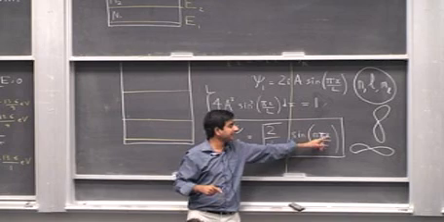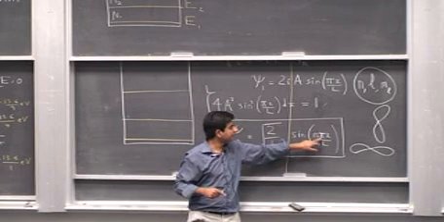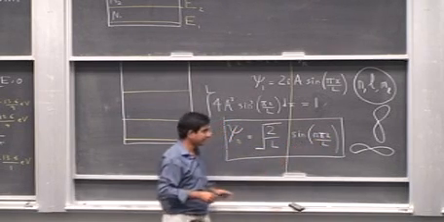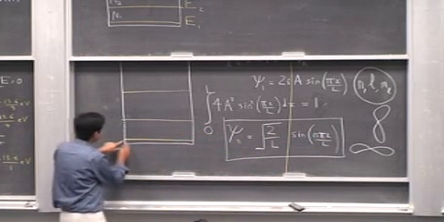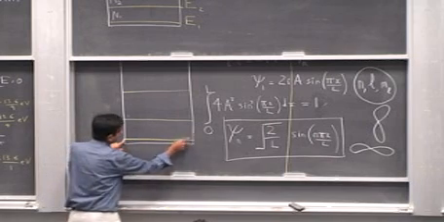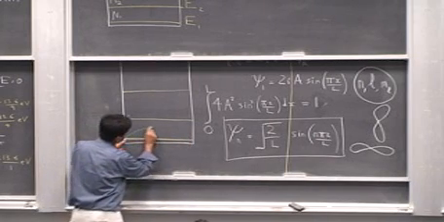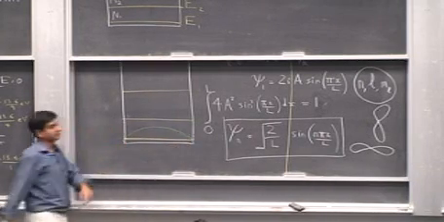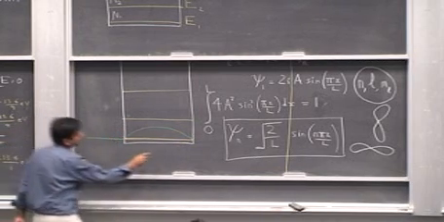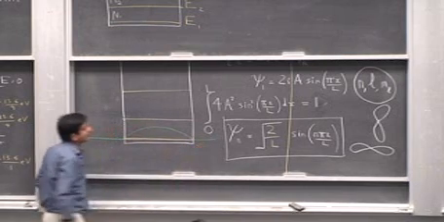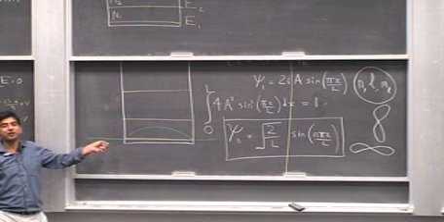At x equals L, this is sine of pi, which is 0 again. So you have a wave function that is 0 at the walls and looks like a sine function. And the wave function is 0 outside the well, as it should be. So this is the wave function of the electron in the ground state.